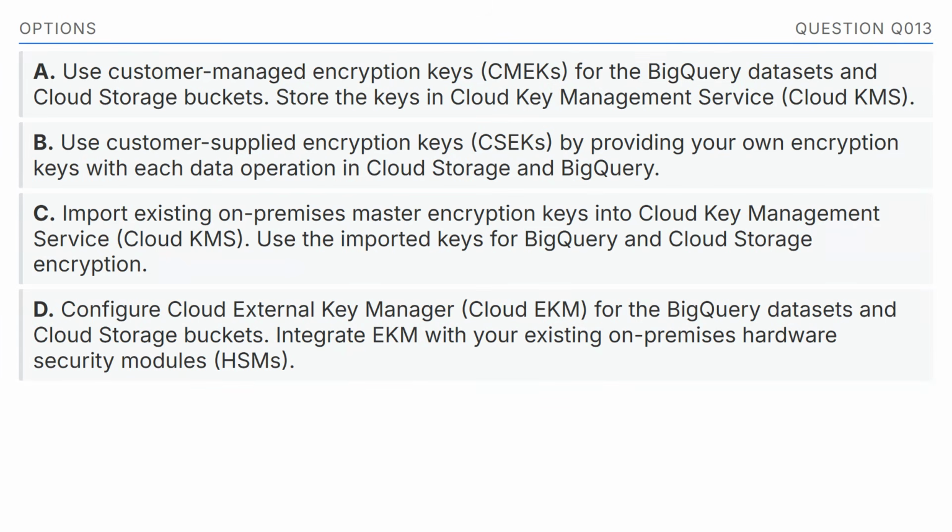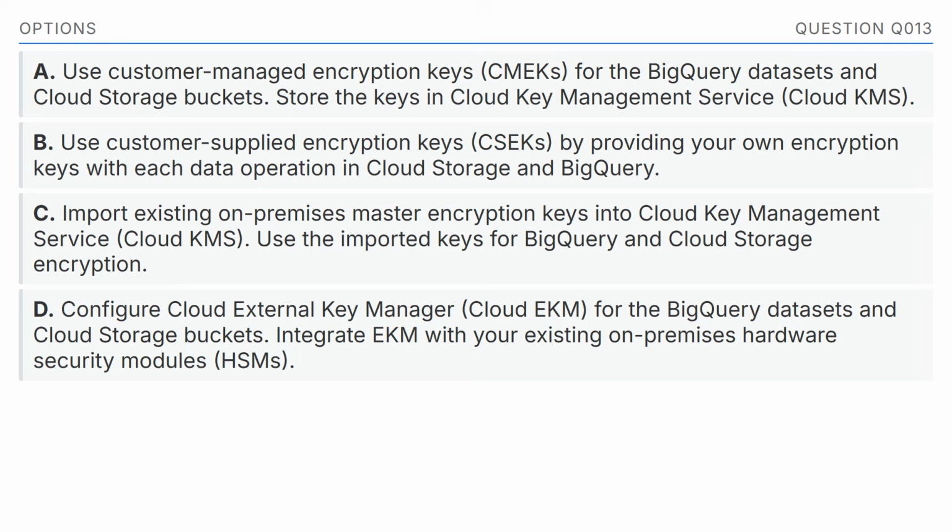The options are: Option A, use customer-managed encryption keys, CMEKs, for the BigQuery datasets and Cloud Storage buckets. Store the keys in Cloud Key Management Service, Cloud KMS. Option B, use customer-supplied encryption keys, CSEKs, by providing your own encryption keys with each data operation in Cloud Storage and BigQuery.